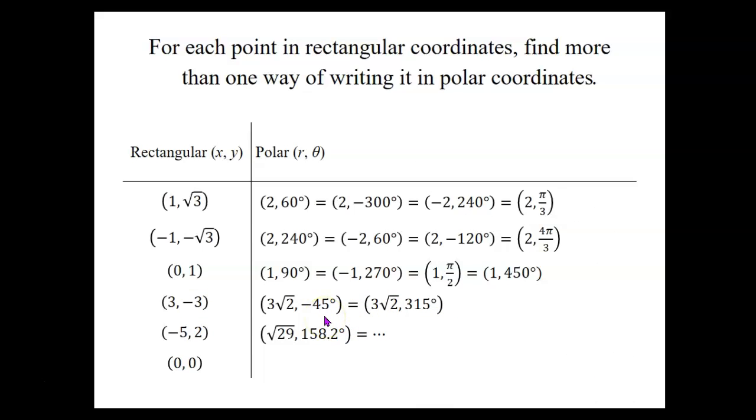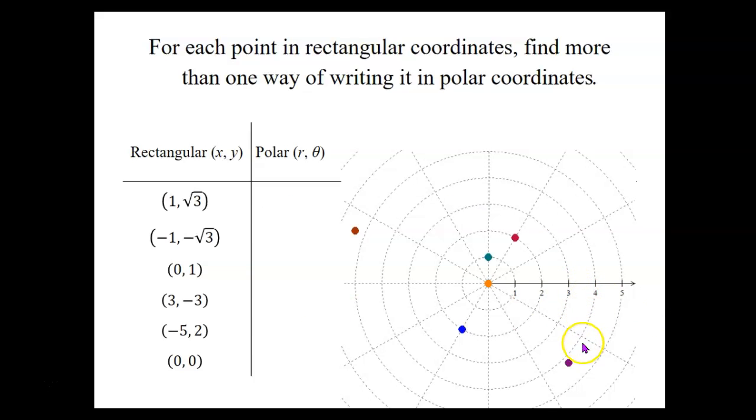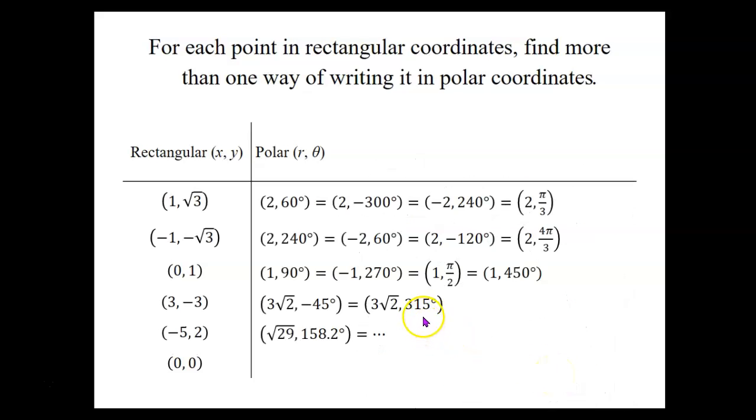We can call that angle -45 degrees, so 45 degrees this way, or we could say it is positive 315 degrees. And we could also write those in radians. We could also write a version of this where r is negative.